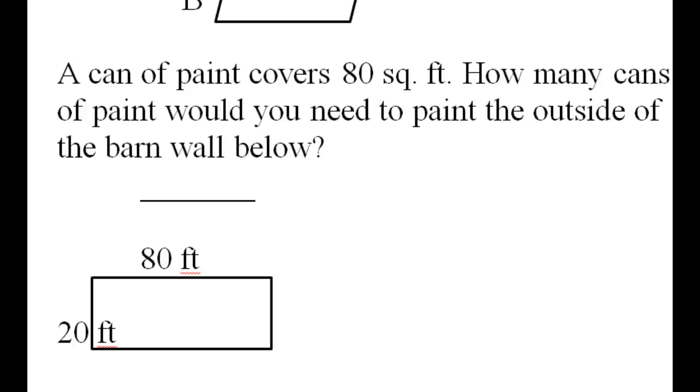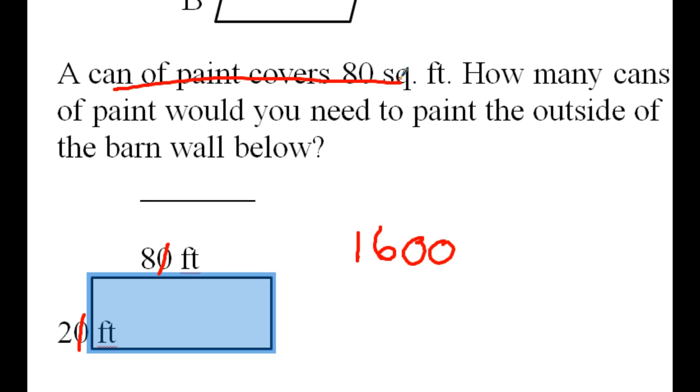A can of paint covers 80 square feet. How many cans of paint would you need to paint the outside of the barn wall below? So while we're painting the outside of the barn wall, it's going to be an area question. So I'm doing 80 times 20. And I'm going to have 2 zeros. 8 times 2 is 16. 1600. Each can covers 80 square feet. So I got to take the 1600, divide by how much a can does.